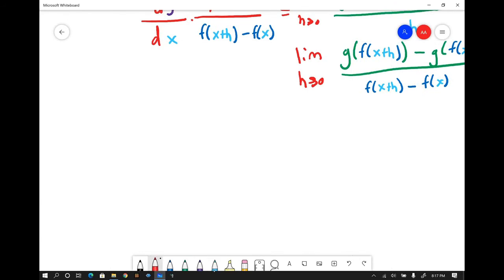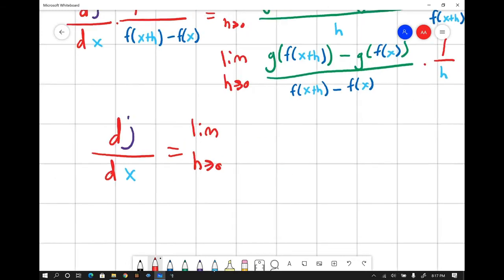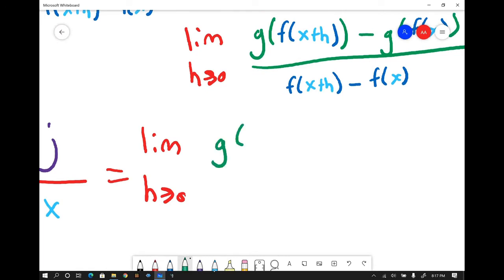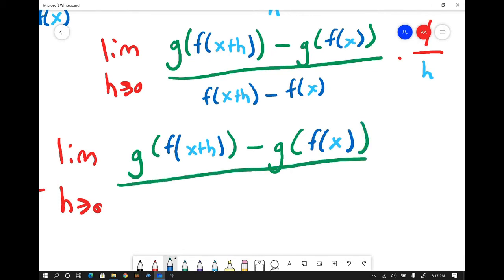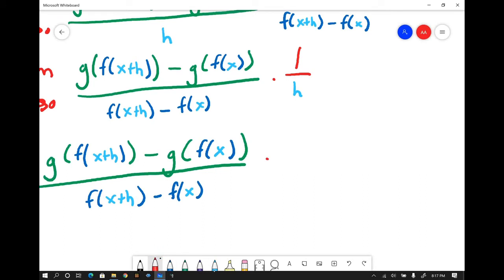So what we'll have is dj over dx is equal to the limit as h goes to 0 of g of f of x plus h minus g of f of x, divided by f of x plus h minus f of x, and this is times f of x plus h minus f of x, all divided by h.